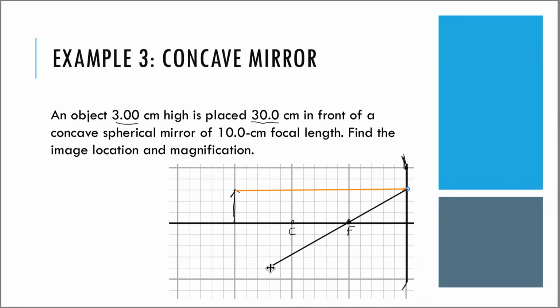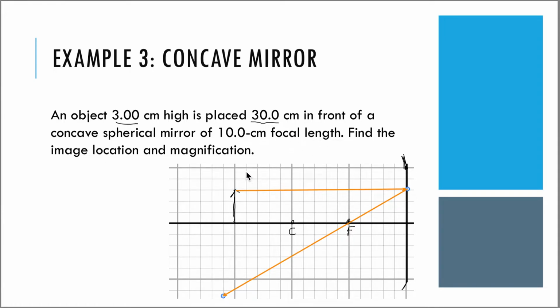But the ray was a little bit too high, so I like to count those squares to help me draw the ray, even when I'm using a ruler, because it's very easy to get off. So now I've counted the squares down 3 over 5, just keeping the slope of that line, so that I know that my ray is accurate. So that's the orange ray that is parallel to the axis and reflects through the focal point.